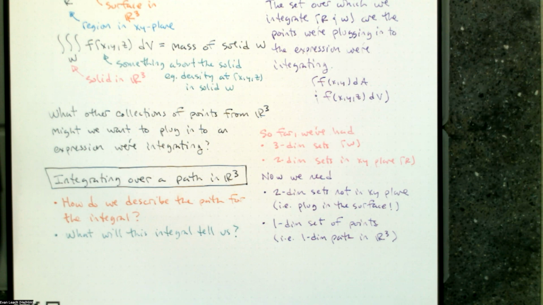For single variable definite integrals, our canonical example is the area under a curve. We upgrade that to functions of 2 variables when we want to find the volume under a surface and above a region. In a triple integral, one of our favorite examples is find the mass over a solid with variable density. So what is integrating over a 1-dimensional curve going to tell us? What's our canonical example?